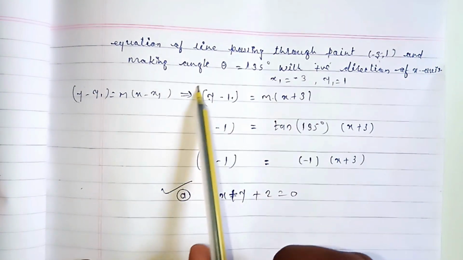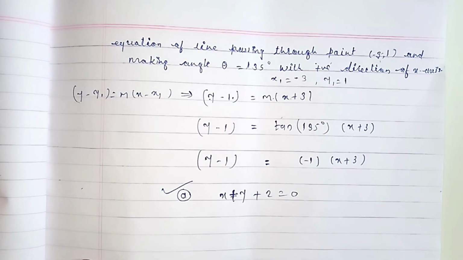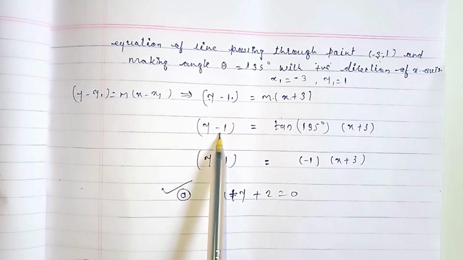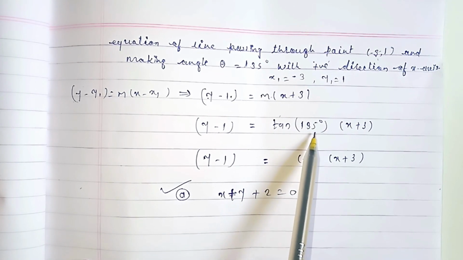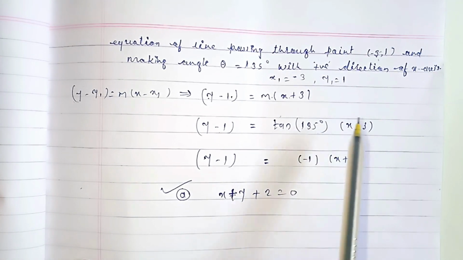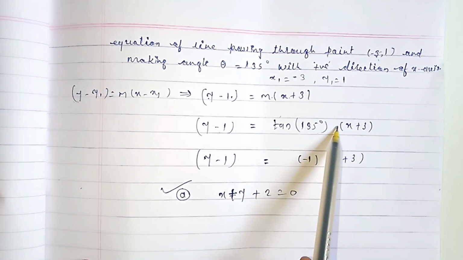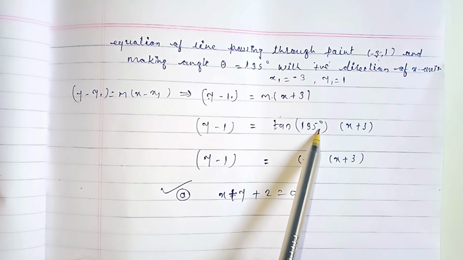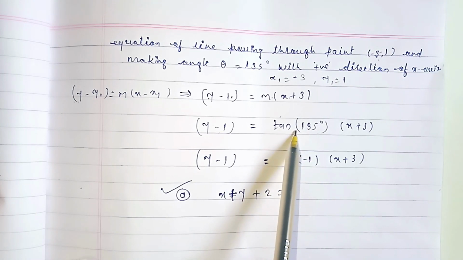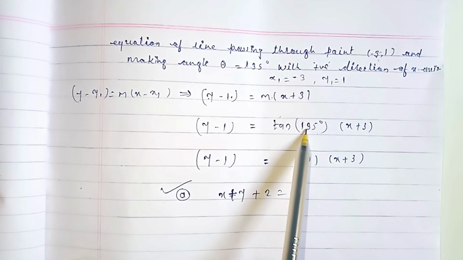Now let's go for the calculations. We just want to find the equation of a line. So y minus 1 as it is, m is tan 135 degrees, into x plus 3. Here the challenging part is finding the value of tan 135 degrees. I'm not going to explain how to find tan 135 here.